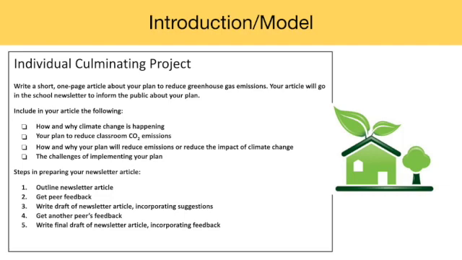This time, the individual component is a short, one-page school newsletter article about the proposed plan. The article should include a rationale based on students' learning of the hows and whys of climate change. It should include a description of the plan, why the plan will work to reduce emissions or reduce the impact of climate change, and it should also include the challenges that students foresee in the implementation of their plan.